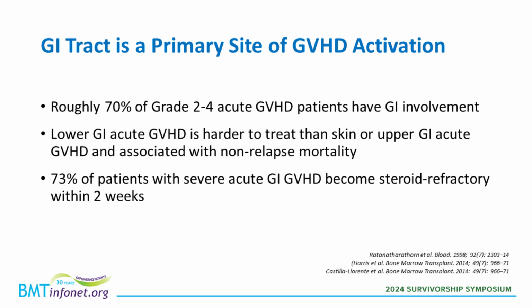The lower GI tract is also harder to treat than skin or upper GI acute GVHD, and we know that when the lower GI tract is involved, patients are at higher risk of mortality. So we know then that treatments also don't work as well, and 73% of patients with severe acute GI GVHD can stop responding to the frontline treatment of steroids or don't show a response to steroids within 2 weeks.